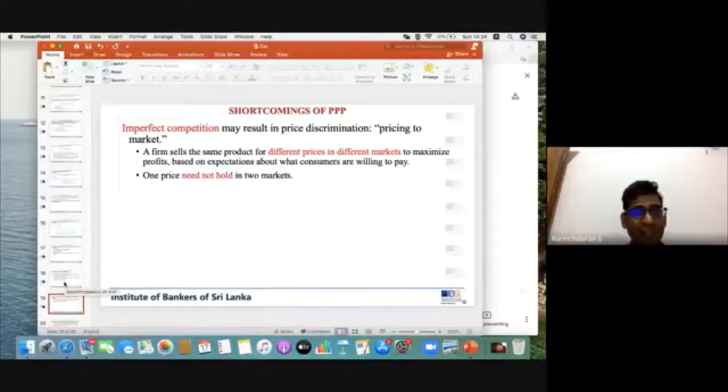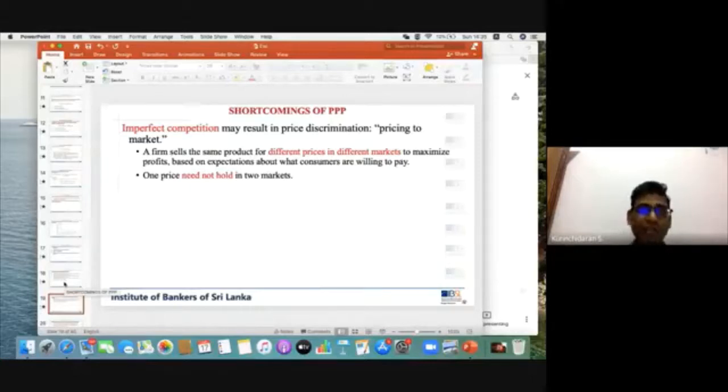But the market is imperfect. If you don't find a similar pizza or identical restaurant, then you can't find one price. Even for a similar product, if there's nobody to supply, then you will charge a different price to a different market.